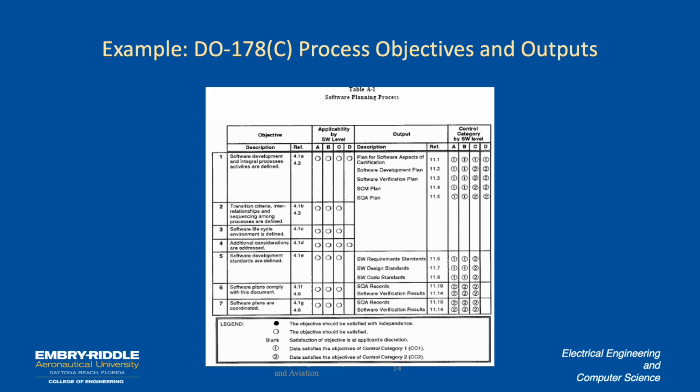And where you do have to have it, the software requirement standards have to be under change control 1 for levels A and B, but they can be under more or less restrictive control for level C. The design standards are similar, and the code standards similarly. And these tables go on for pages and pages, depending on what aspects.